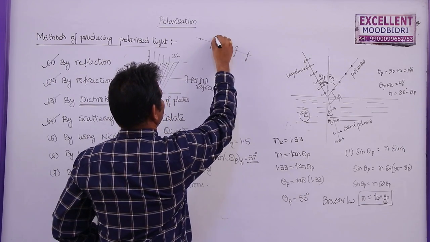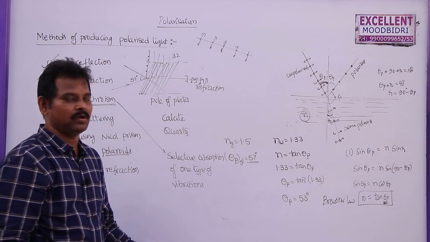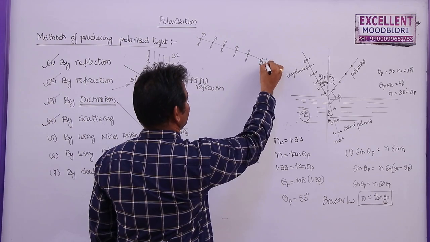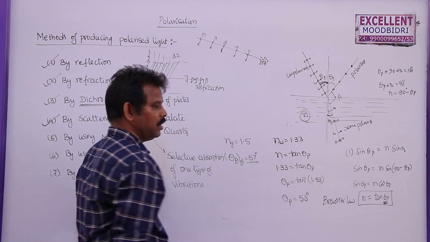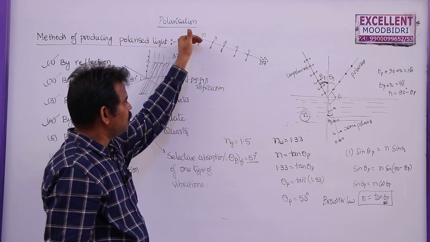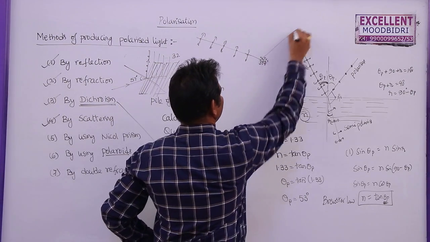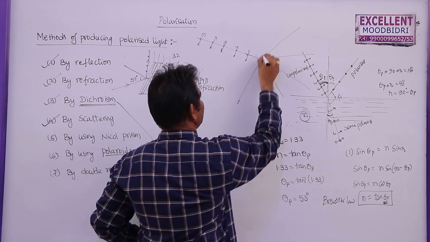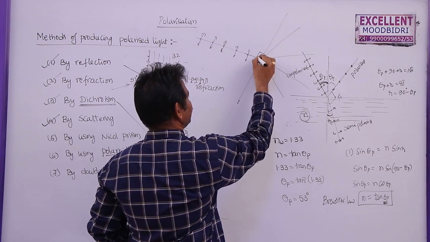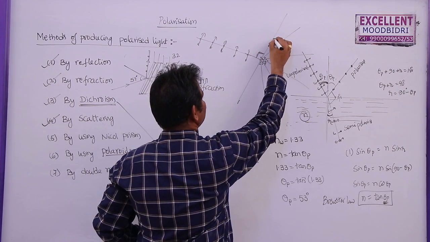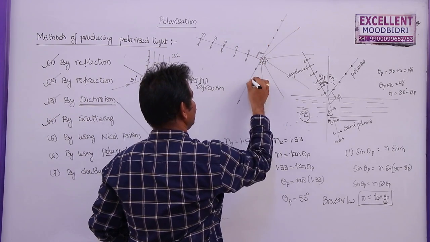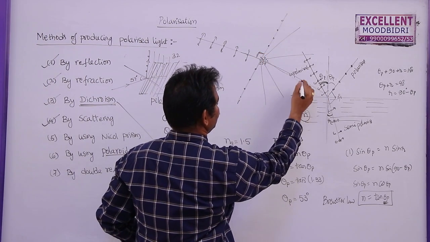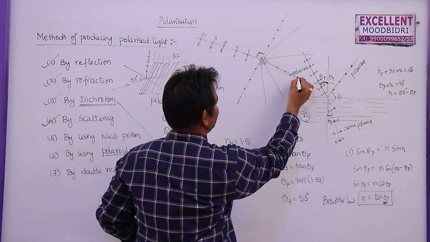Now, in scattering, when light is entering into the atmosphere from the sun, it is an unpolarized light, and this unpolarized light will have both the arrow and dot components. When it enters into the atmosphere, these are the air molecules, and the air molecules have some electrons, and due to the collision between these two, light will scatter in all possible directions. It is found that the light which is scattered at an angle of 90 degrees is completely polarized light, whereas the light which is traveling in the same direction remains as unpolarized light.